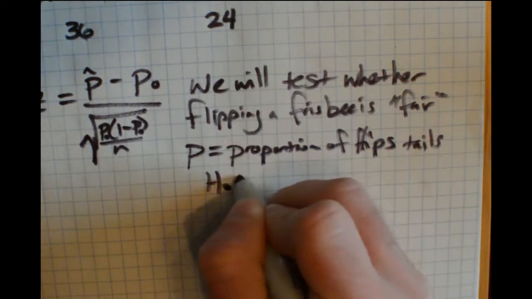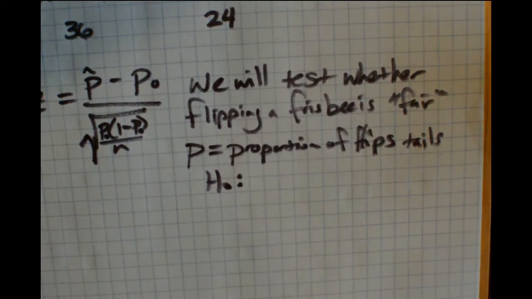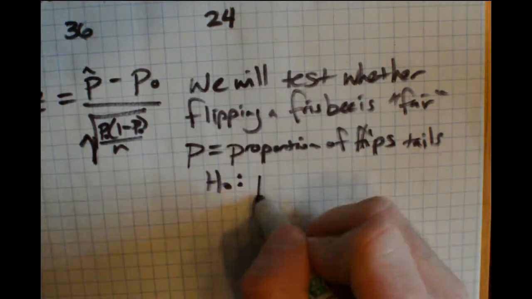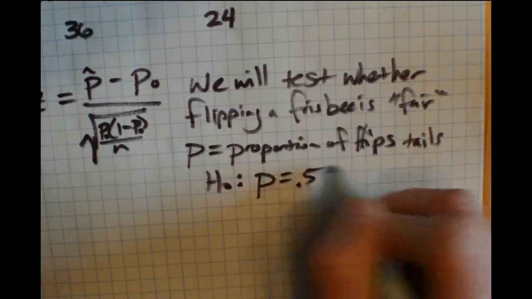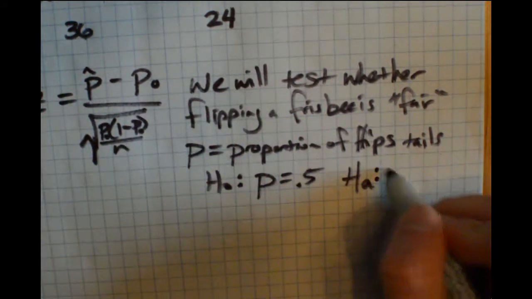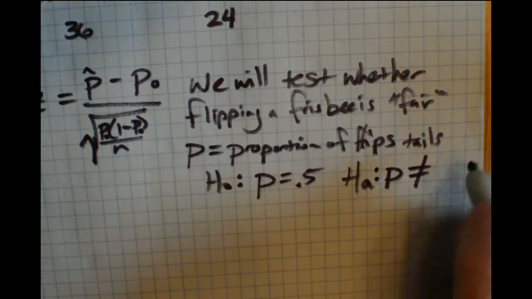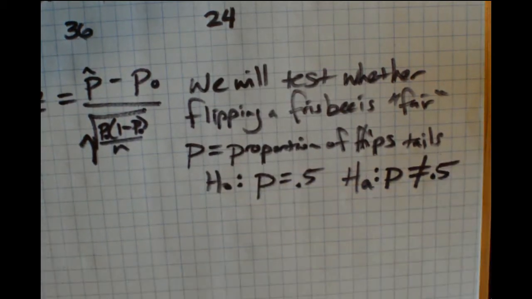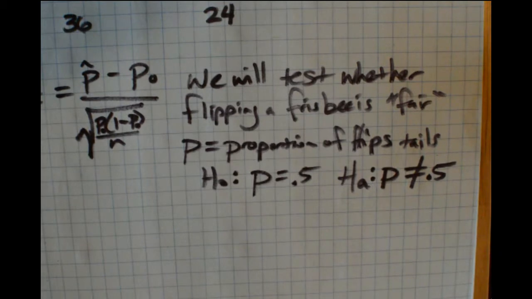For our null hypothesis, we are assuming that these are going to happen with the same likelihood, so our proportion should be 0.5. Since I'm testing whether or not it's fair, I'm going to have an alternate hypothesis that p is not equal to 0.5. Even though I had a suspicion one way or the other, I just want to see whether it's 0.5 or not. I want to find evidence against the idea that it's a 0.5 probability.